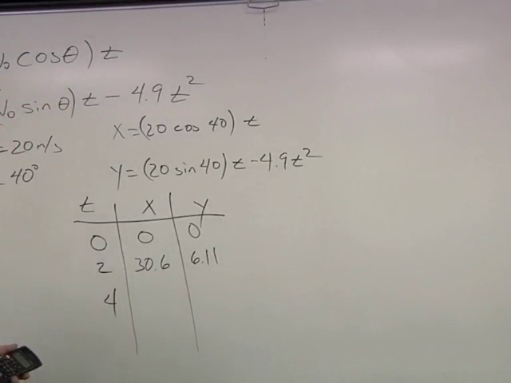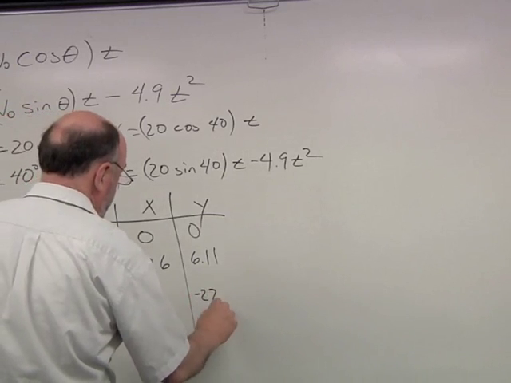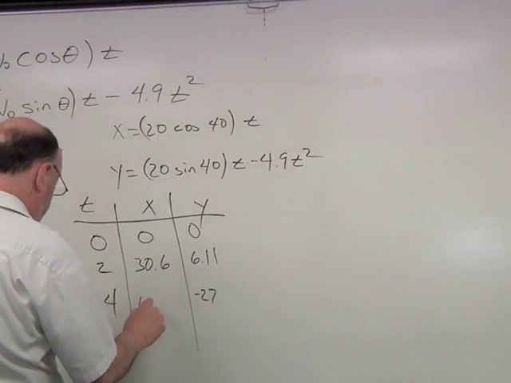We do at 4 seconds. Yeah, this number comes out to be negative, which means I know it's already hit the ground for that part of it. And for the other one, this is going to be 61.3.